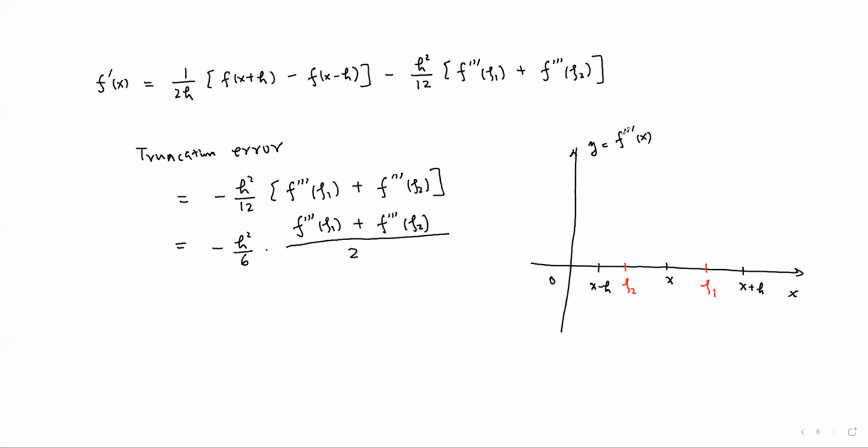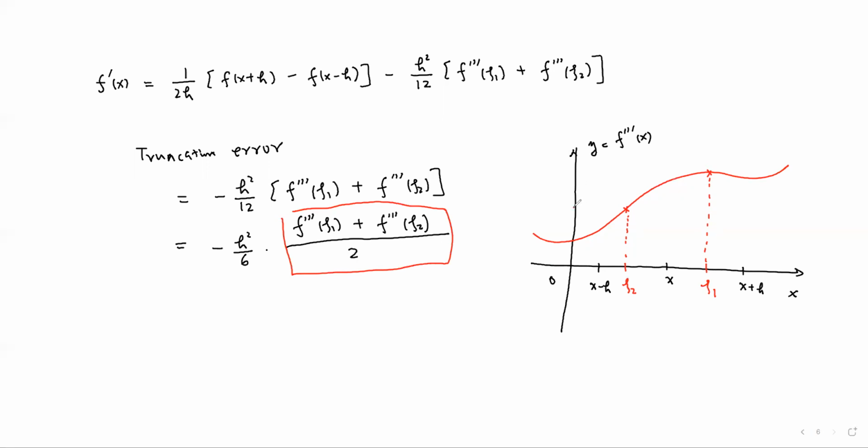Suppose the graph of the third derivative is this graph. The third derivative at psi 2 is this point. The third derivative at psi 1 is this point. The average of the third derivative at psi 1 and psi 2 is about here.